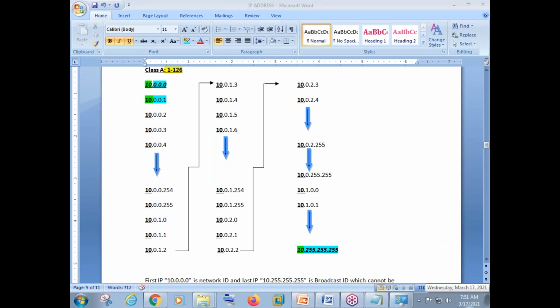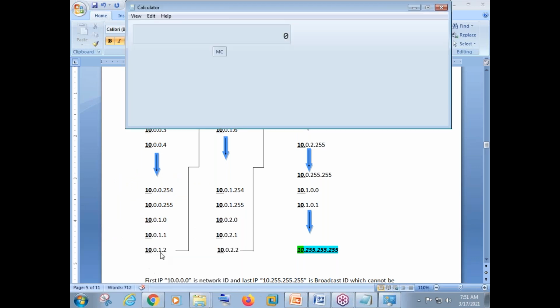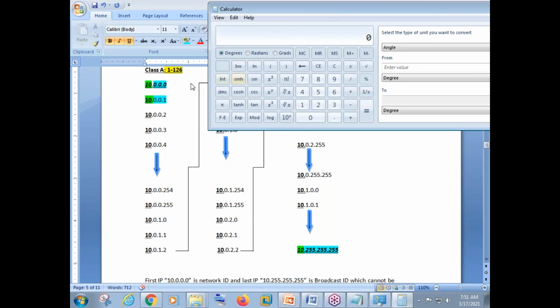Now, let us calculate this. We know one thing: the range is 0 till 255. So totally how many numbers do we get here? 256 numbers. So 256 multiplied by 256, again multiplied by 256. This is the same number we got there, 16,777,216, because the 3 octets are reserved for the host portion in class A. These 3 octets we can use from 0 up to 255.